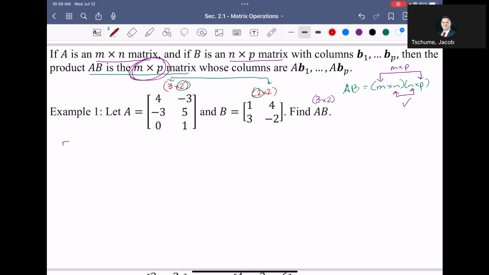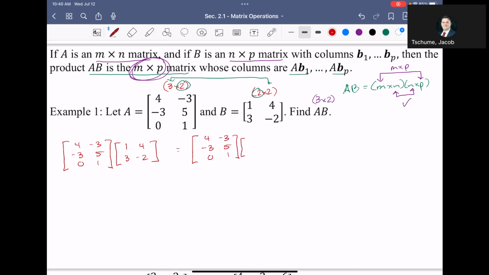So let's write down what we're doing here. You've got matrix A, and you've got matrix B. All right, now from this formula, what it is saying is that to find the columns of AB, you want to take matrix A and multiply it by just the columns of matrix B. So what this does is this is going to end up giving you your matrix A, which is 4, -3, -3, 5, 0, 1.